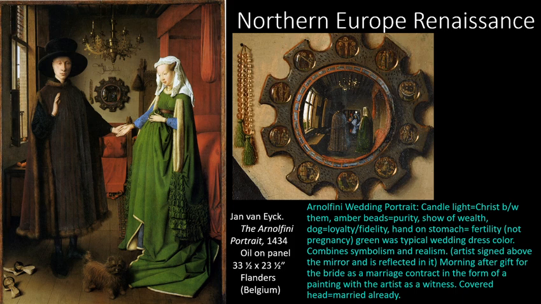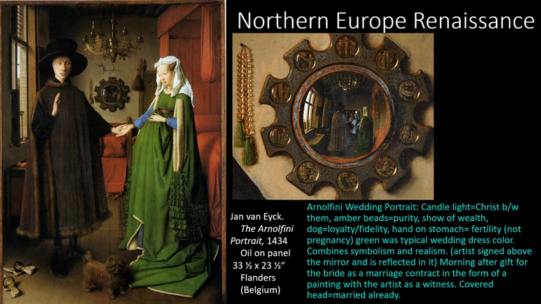Her head is covered, and only married women had covered heads. Normally if you're a maiden, you have your hair down, but this shows that she's already married. She's wearing green, which is a symbol of spring. It's also a symbol of fertility because the plants grow and come back in the spring. You might ask, why isn't she wearing a white wedding dress? Well, people didn't always wear white wedding dresses.